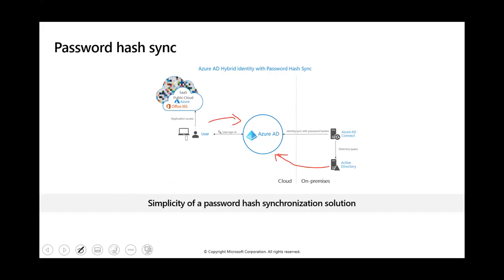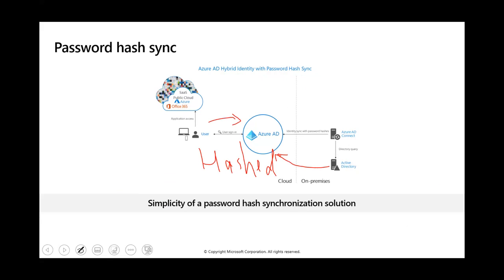This information from the Active Directory goes directly to the Azure Active Directory, and this information is hashed. So the passwords are going to be saved in our Azure Active Directory, but in the form of a hash. That's the way that we can have a copy of the passwords within our Azure Active Directory.